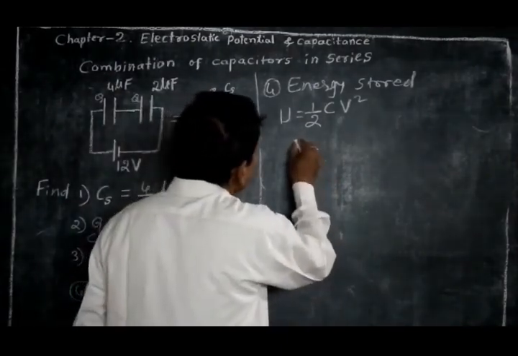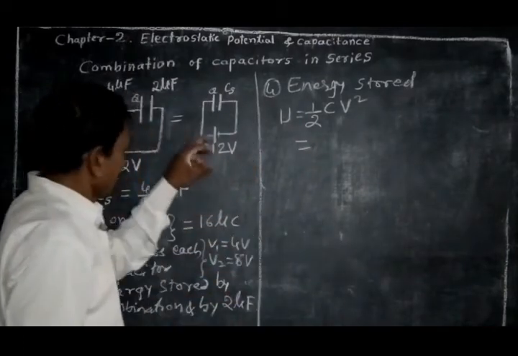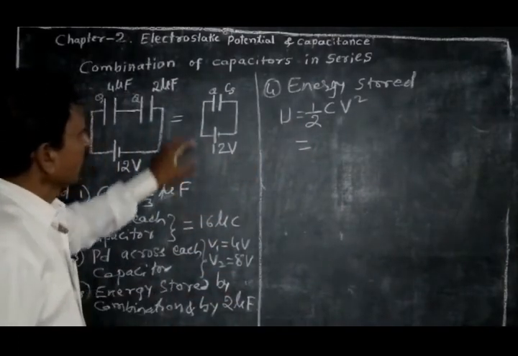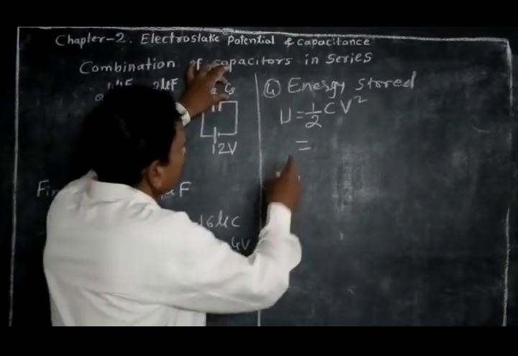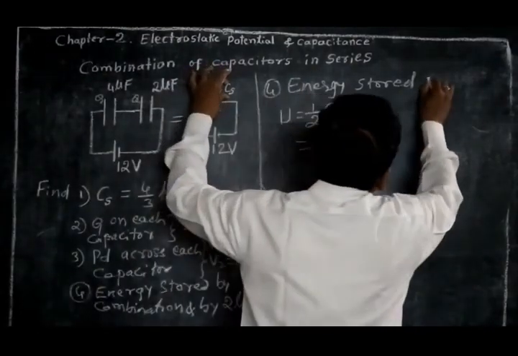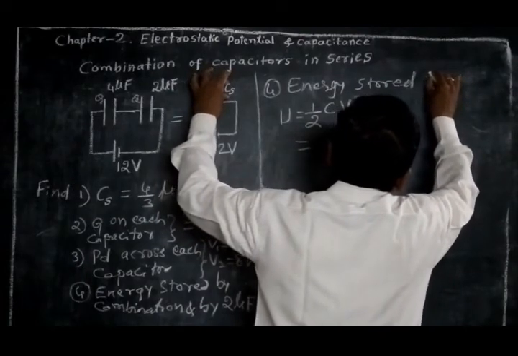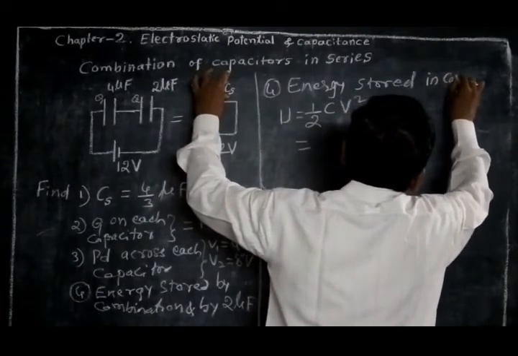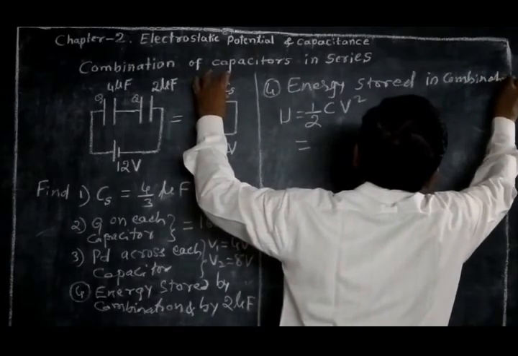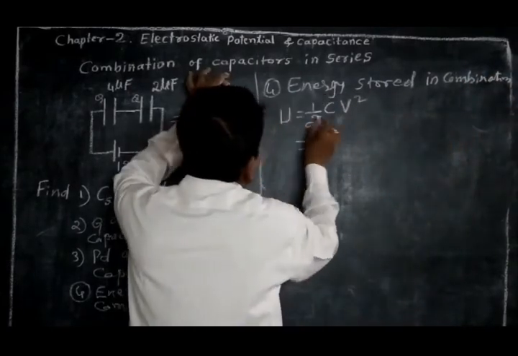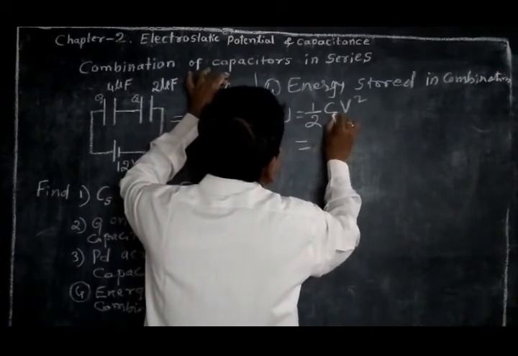Therefore, U equal to, here for the combination, equivalent capacitance is CS. Hence, energy stored in the combination of capacitors, U equal to half CS into V square.